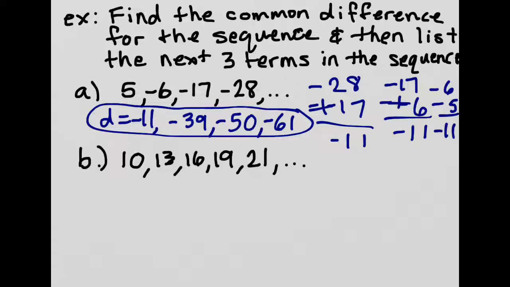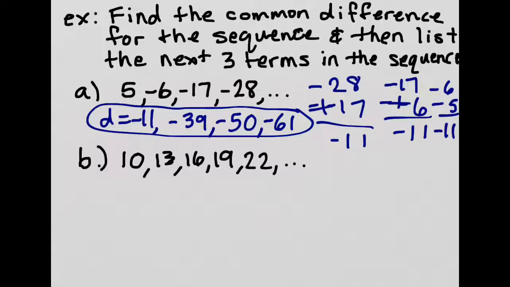If we look at the next one, 21 minus 19 gives us 2. Oh, nope, sorry, I made a mistake on setting that up, because 21 minus 19 is 2. Okay, let's make that 22.